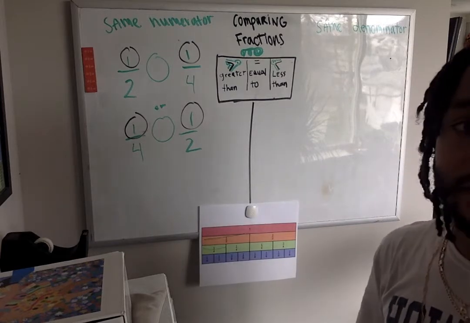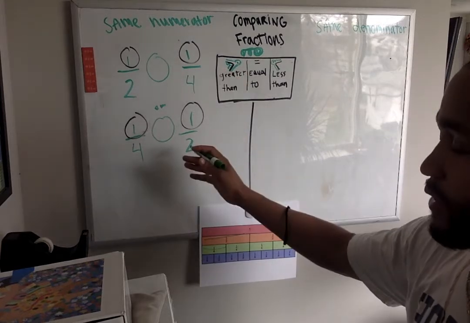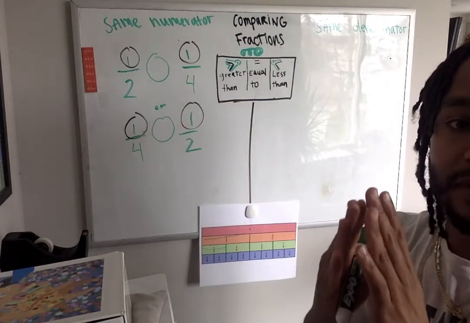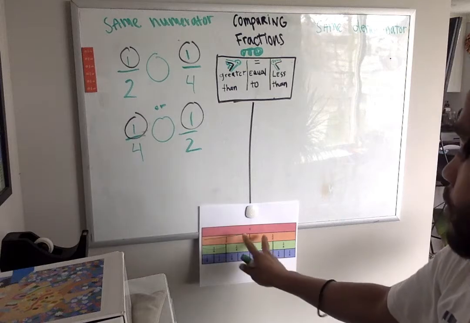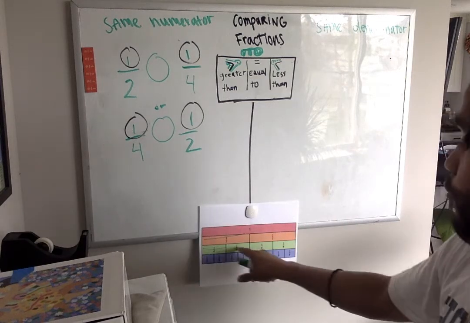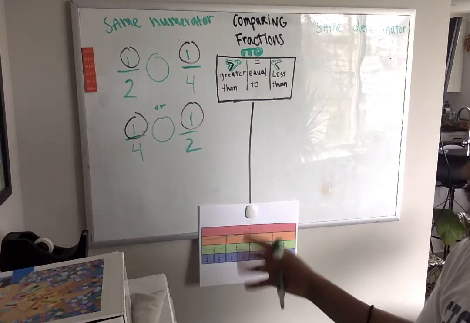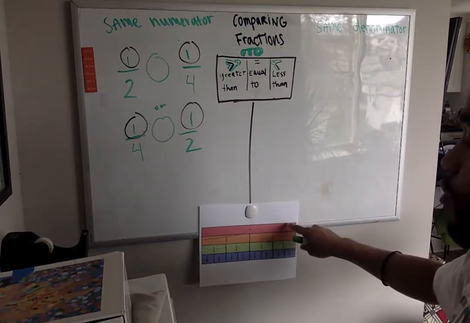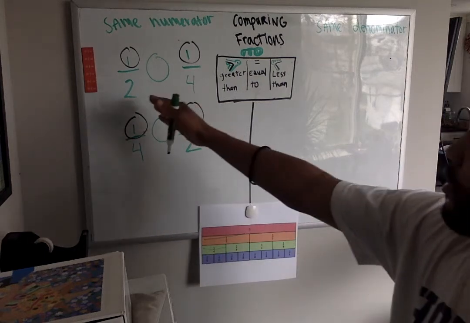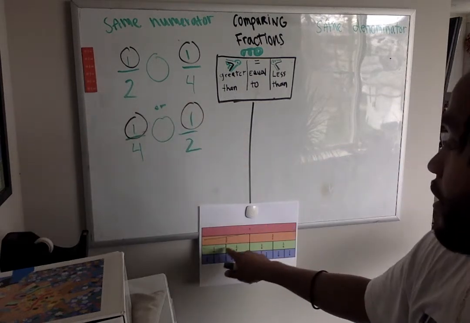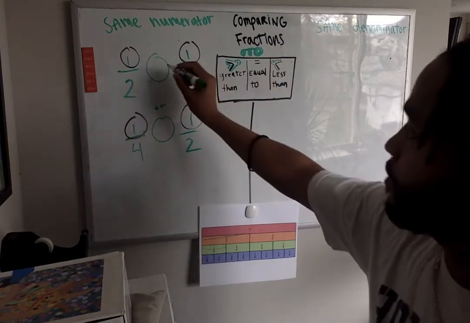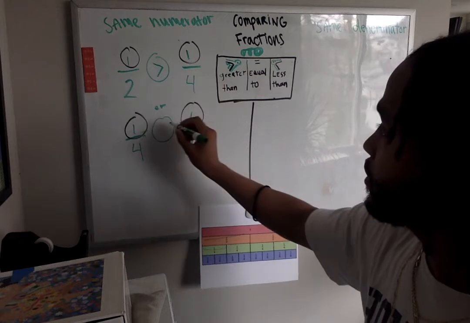That is because if the numerator is the same, the denominator actually has less pieces to make one whole. For halves, you only need 2 pieces, so those 2 pieces are going to be larger. And for the fourths, you need 4 pieces to be the same size as one whole, so those pieces are going to be smaller. So I already know 1/2 is larger than 1/4, so the alligator mouth is just going to eat the 1/2 in both of these situations.